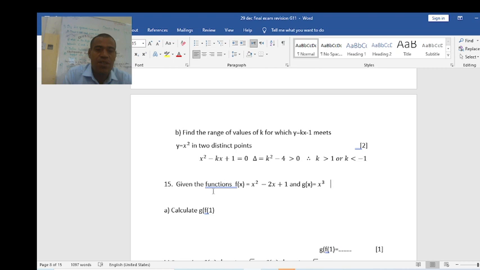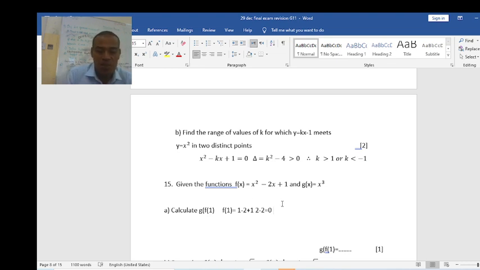Now for the function, calculate f of 1. It's very easy, my learners. f of 1 is equal to 1 squared, which is 1, minus 2 multiplied by 1, plus 1. So 2 minus 2 is equal to 0. So f of 1 is 0.